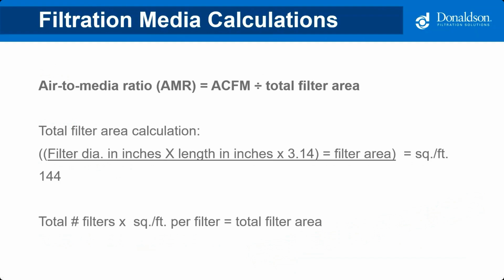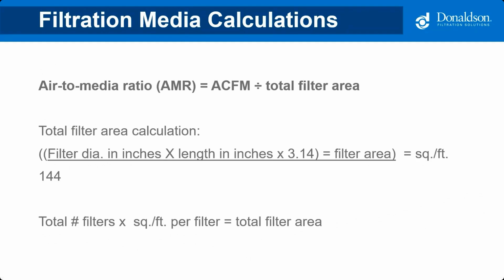The amount of cloth area with a bag and cage is real simple. You find out what the diameter of the filter is, take it times pi, times the length of the filter, and all of those measurements should be in inches. So if you have a 4.625 by 10 foot bag, you're going to want to take 4.625 times 3.14, and then sometimes people will say times 10 because that's the number of feet the bag is.